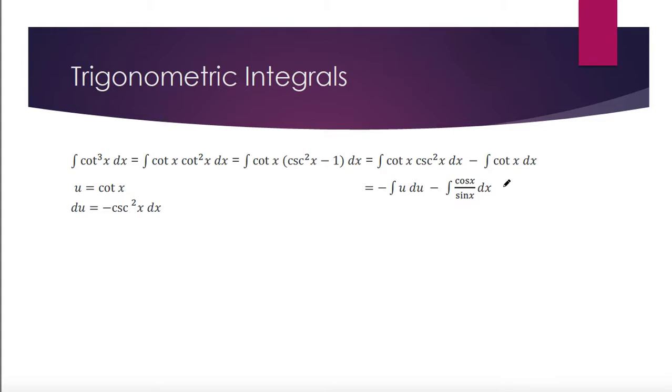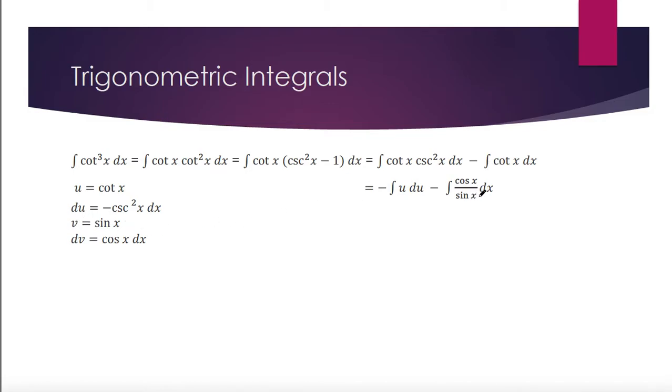Now the second integral, realize that you can write the cotangent as the cosine divided by the sine. That should be clear. Basically it's the reciprocal of the tangent function. So the next part is going to be using another substitution for the second integral, and that's going to be v is going to be sine x.